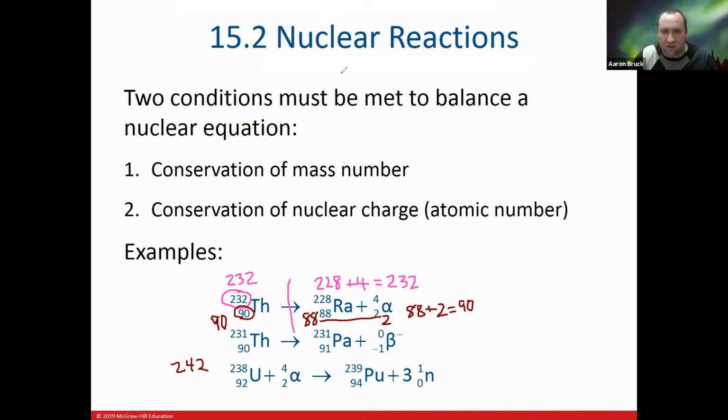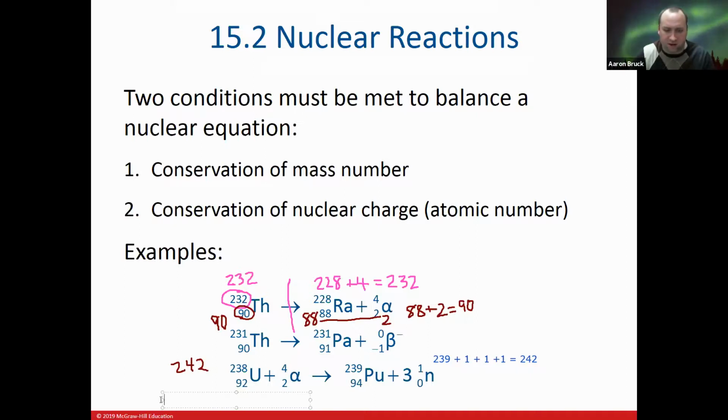So this is 239 plus 1 plus 1 plus 1 gives me 242. So from a mass perspective, I'm even.